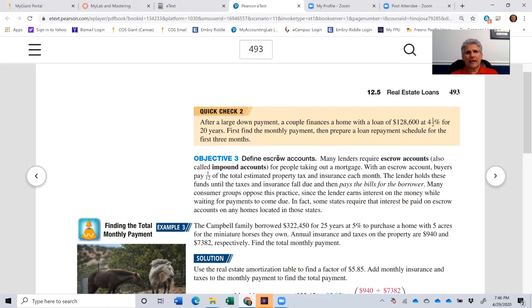In addition to that, God forbid if the house were to catch on fire and burn down, there's nothing there to continue to pay. So the owner of the home is going to be less motivated to pay for something that doesn't even exist. Just the land exists, not the structure, not the building. So the owner's going to say, why would I pay this loan? There's no use for it because I'm going to pay back for nothing.